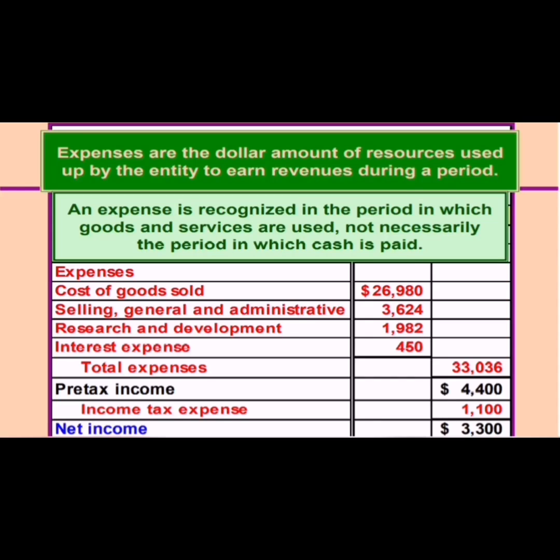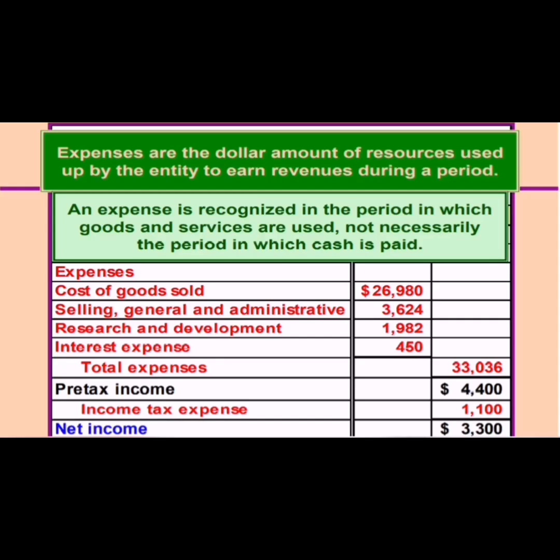Now a short description of your expenses, which I highlighted in red words. On your screen, first is cost of goods sold. Next, selling, general and administrative expenses. Next, research and development expenses. Next, interest expense.